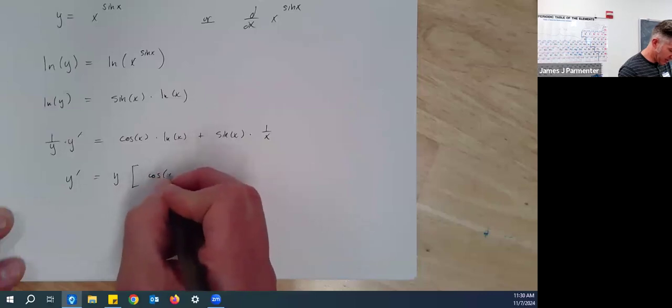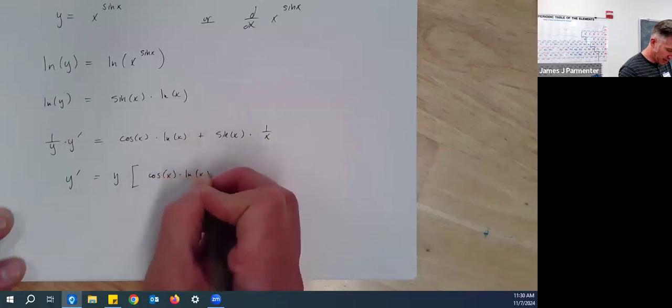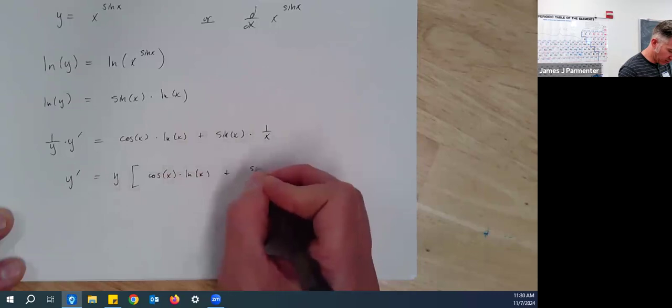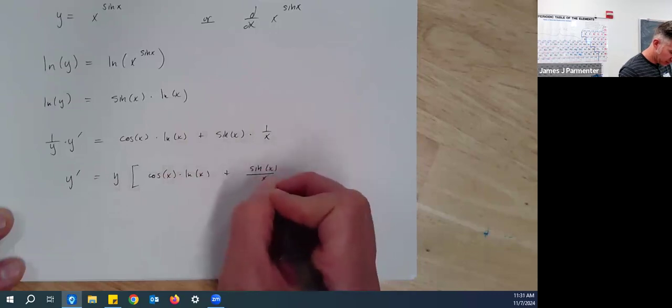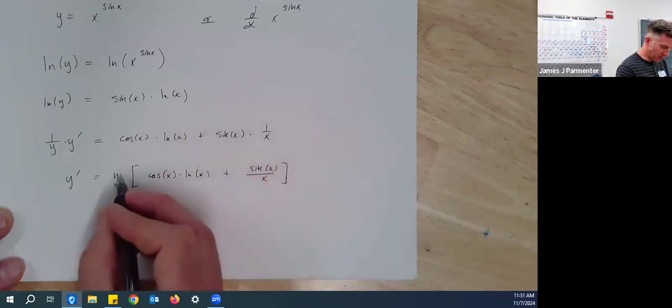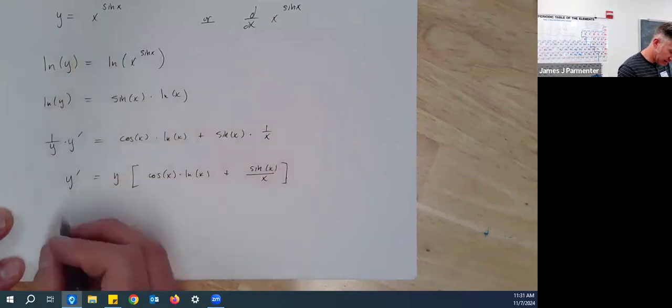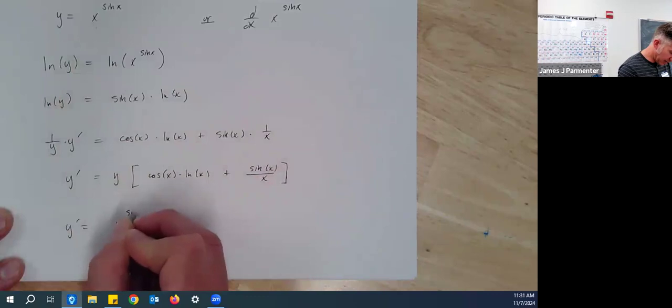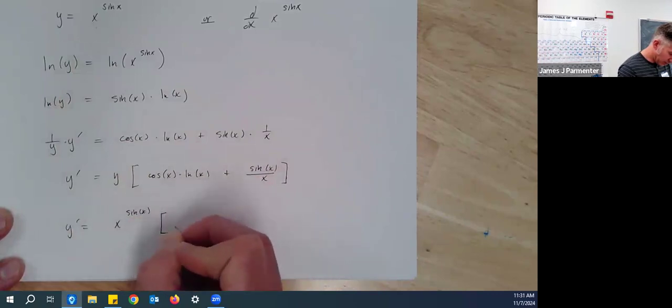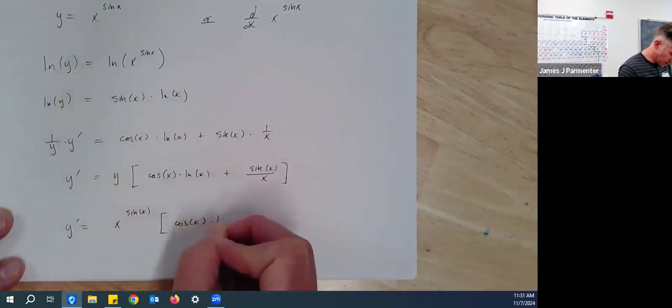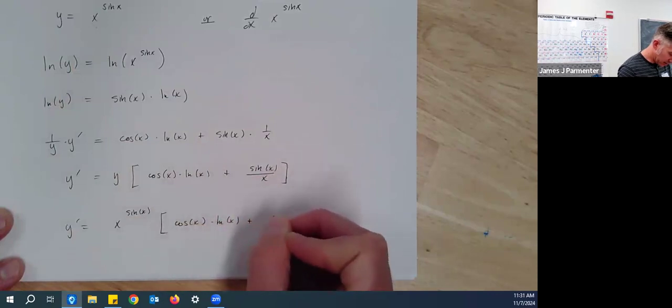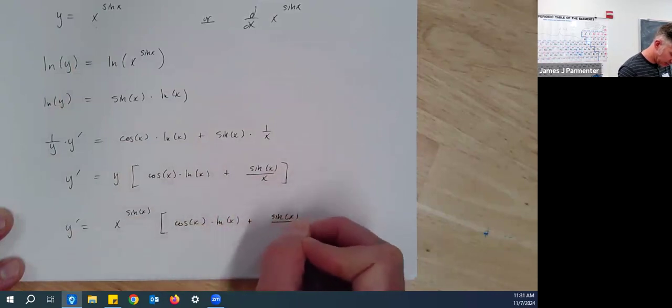The only real simplification I can do here is write sine of x times 1 over x as sine of x over x. And then finally, replace y with what y is equal to, which is x to the sine of x. So my derivative here is going to be x to the sine x times cosine of x times natural log of x plus sine x divided by x.